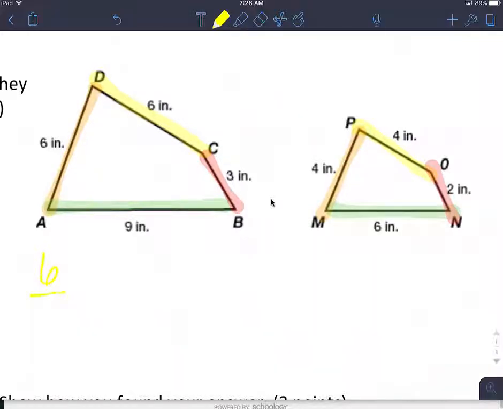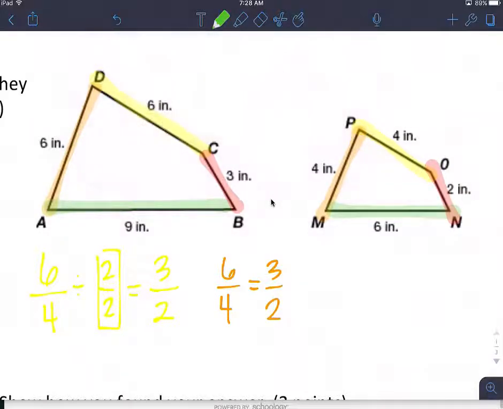So we have 6 to 4, and we can simplify by dividing by 2, and I get 3 over 2. Okay, our next side is also 6 to 4, and that's also going to be 3 over 2.